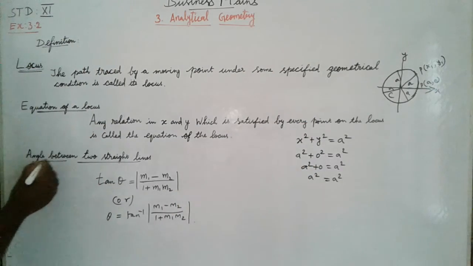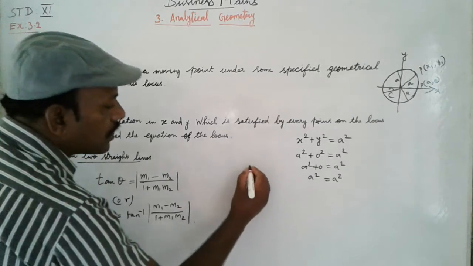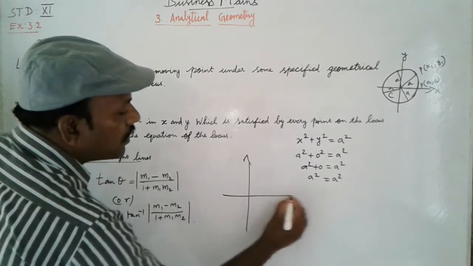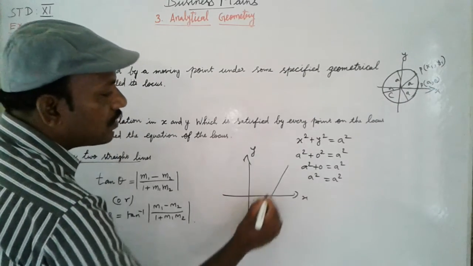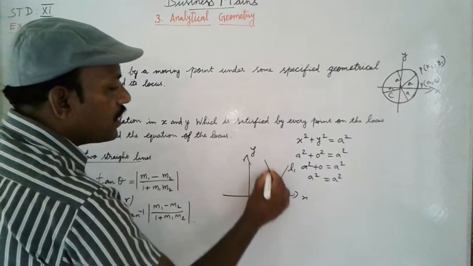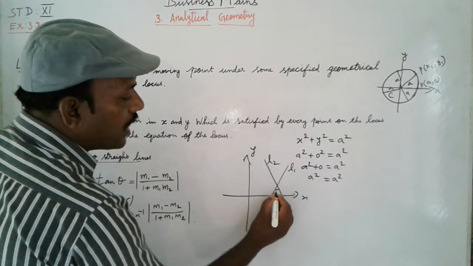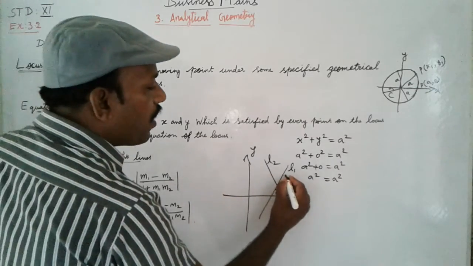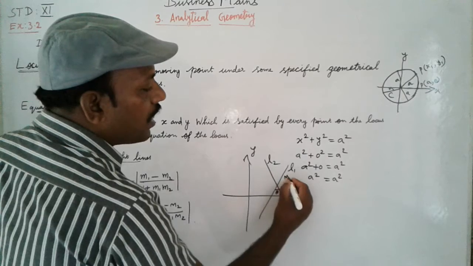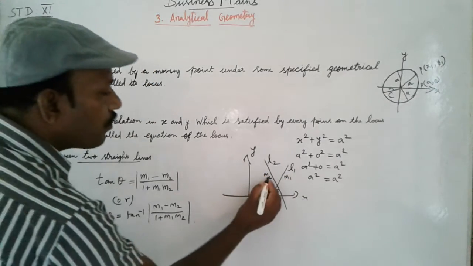Next, angle between two straight lines. We take two straight lines, the x-axis and y-axis. This is L1, another one is L2. These two lines make an angle theta. The slope of line 1 is m1, the slope of line 2 is m2.